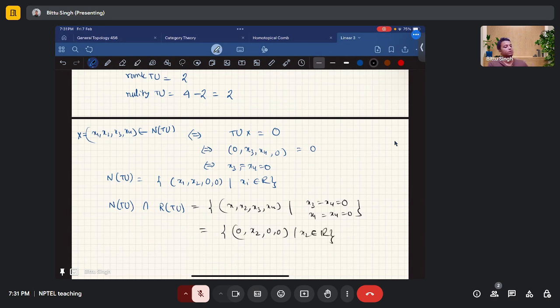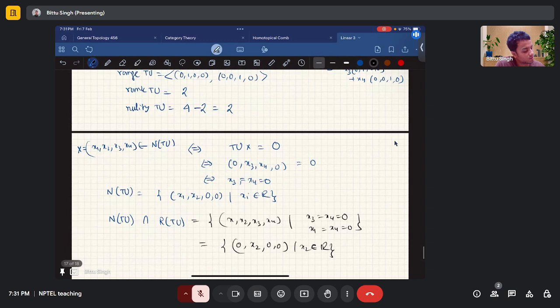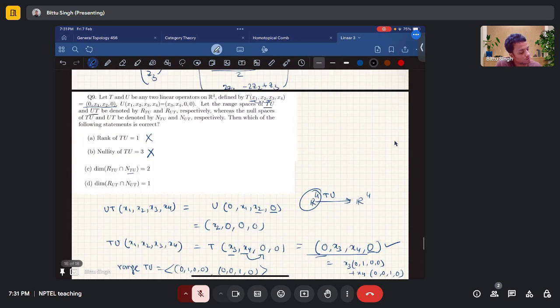So the dimension of N(T_U) intersection R(T_U) is 1. So this is one dimensional, so this is also false. So this should be the correct answer.